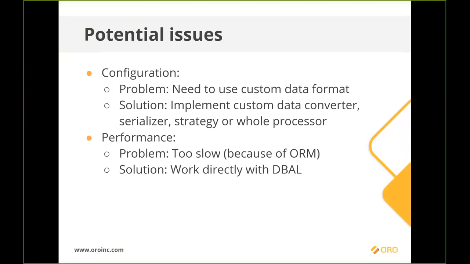But if this is very simple logic and you don't want to use all this machinery we have, you just create your custom processor, create the process method inside, tag it accordingly, and do whatever you would like to do with your data inside this processor method. So there are cases that this can be overcomplicated or just too much for your needs. In such a case, you can just override the processor and skip all this data conversion, serializing, and strategy.